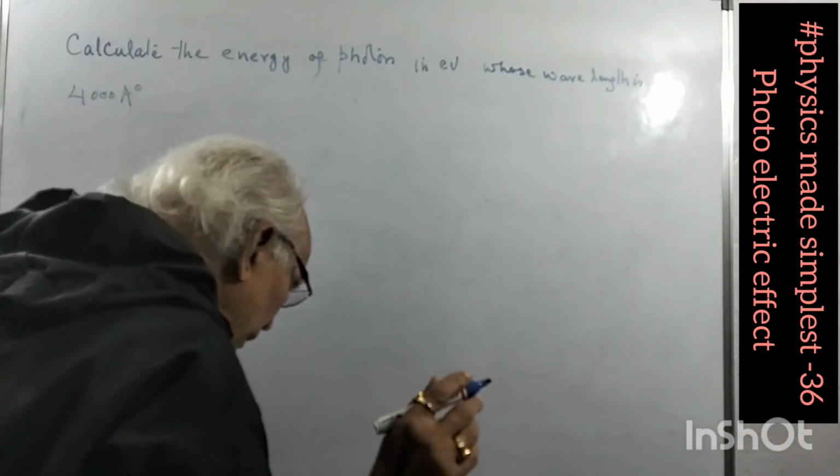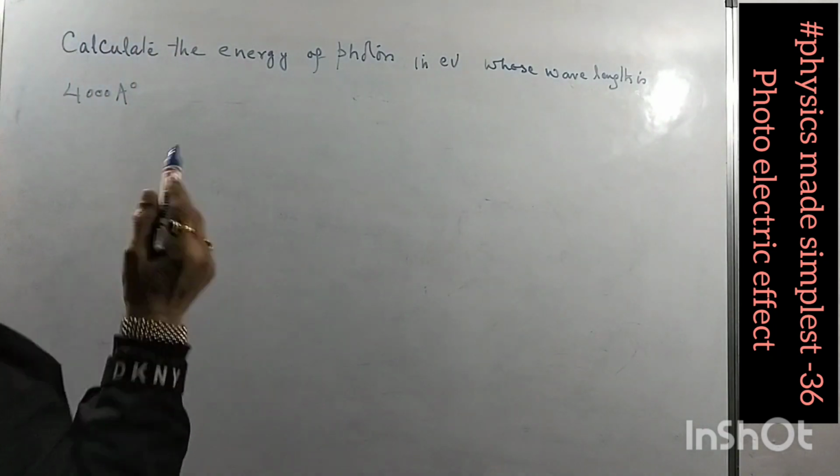If the photon is having wavelength 4000 angstrom, what will be its energy?